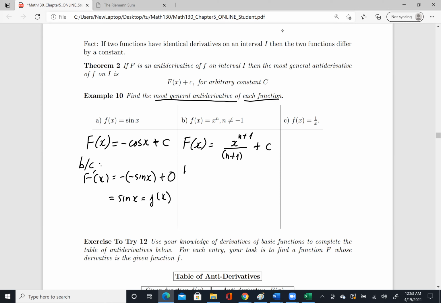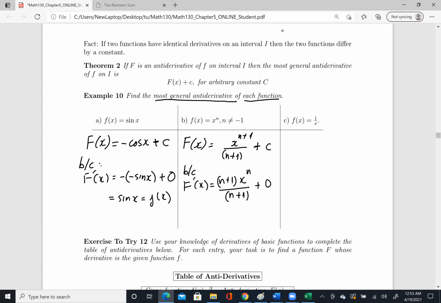Because when I take the derivative, I get (n plus 1) times x to the n, over n plus 1, plus 0.